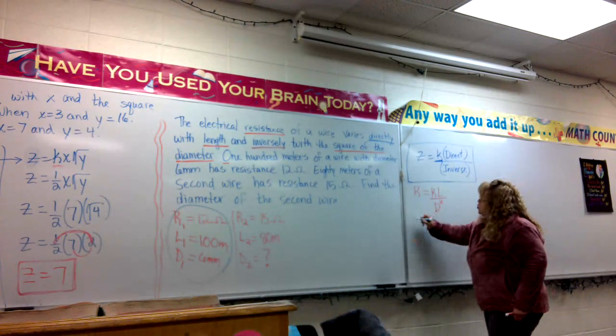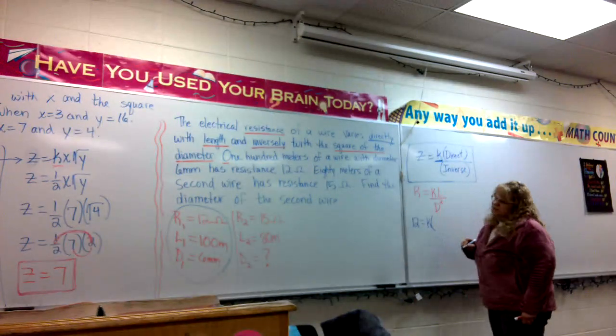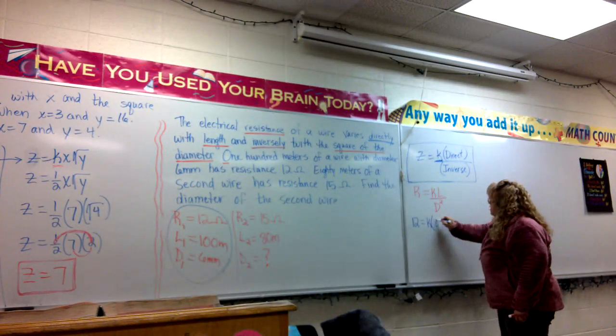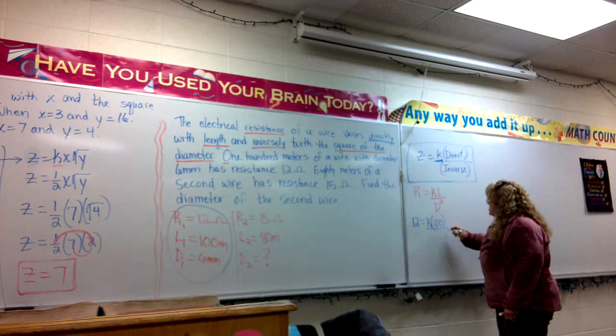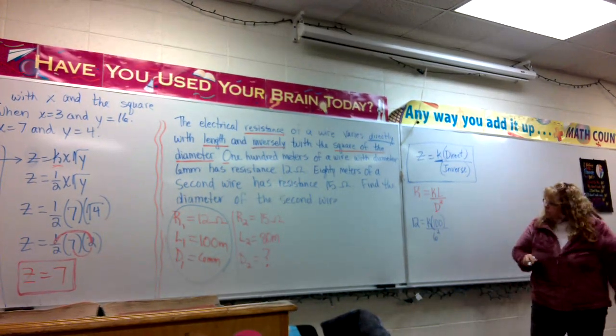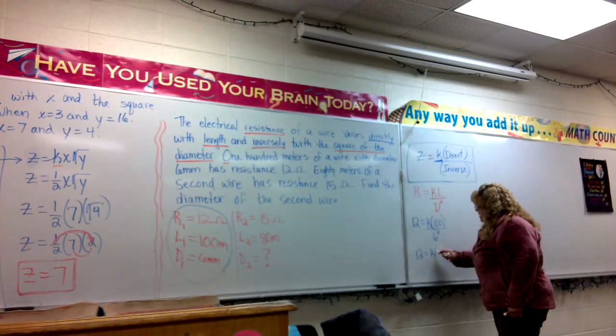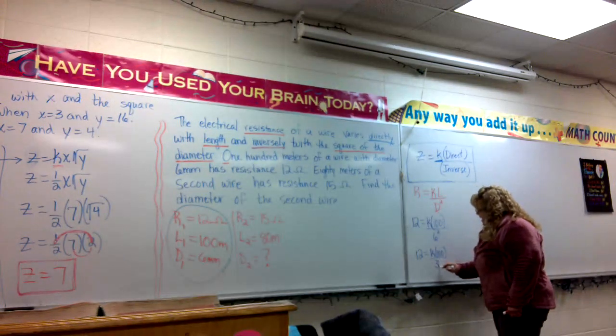So resistance is 12. I don't know K. What's the length? 100 over D squared. D is 6, and you have to square that. So 12 equals K times 100 over 36. How would I solve that?